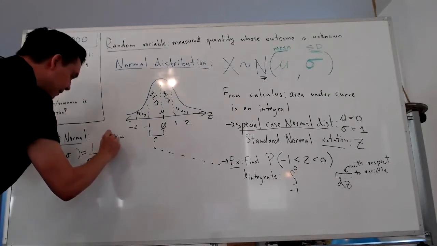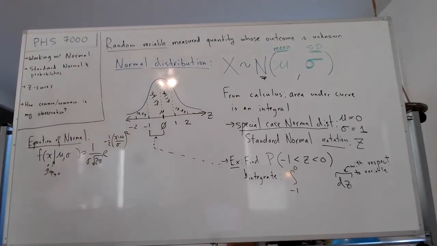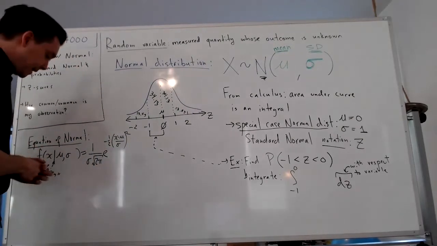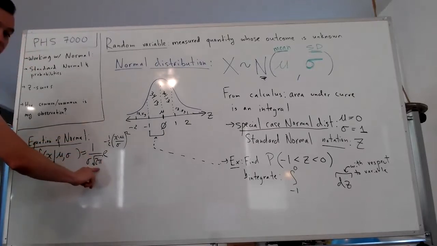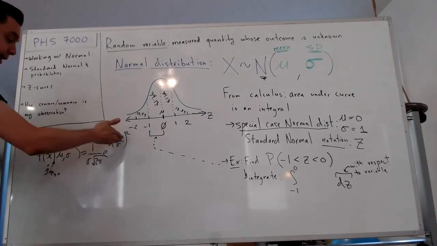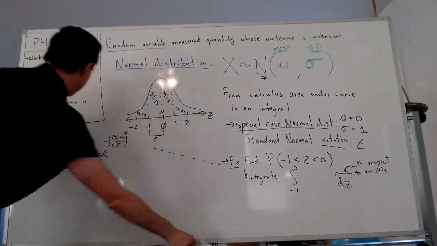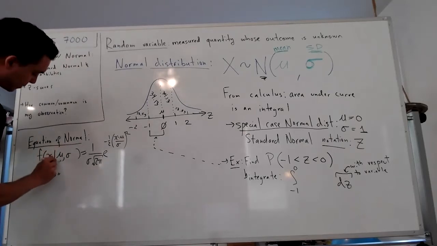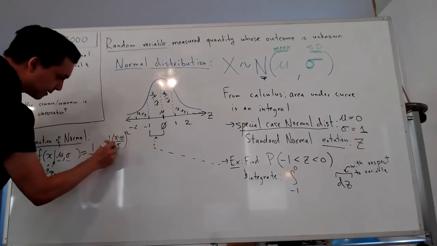Alrighty. Kind of ugly, right? We have this 1 over sigma square root of 2 pi in here, e to the power of, and then there's a complicated power. Can we track down where these parameters are? These parameters right here are here, here, and here.